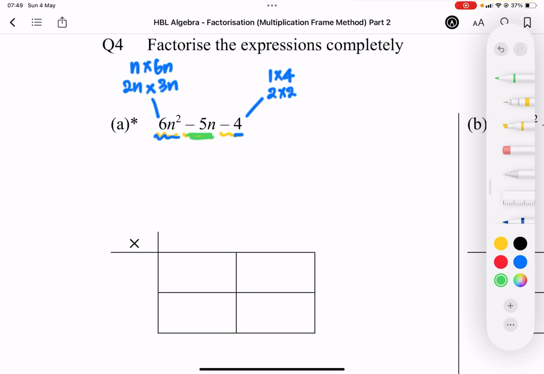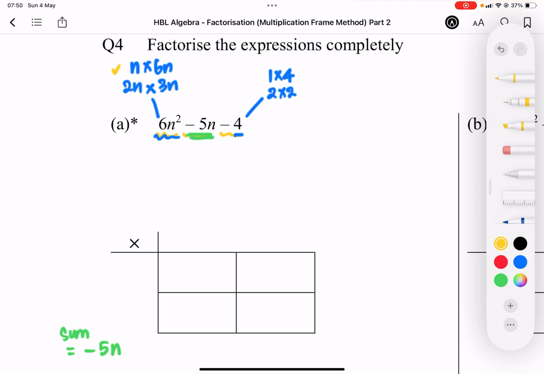So let's write down the sum of n terms eventually has to be negative 5n. Now let's test out with the first pair. n times 6n to go with 1 times 4. We will end up with something like n and 24n or 4n and 6n, which whether we add or subtract, we will not get 5n.